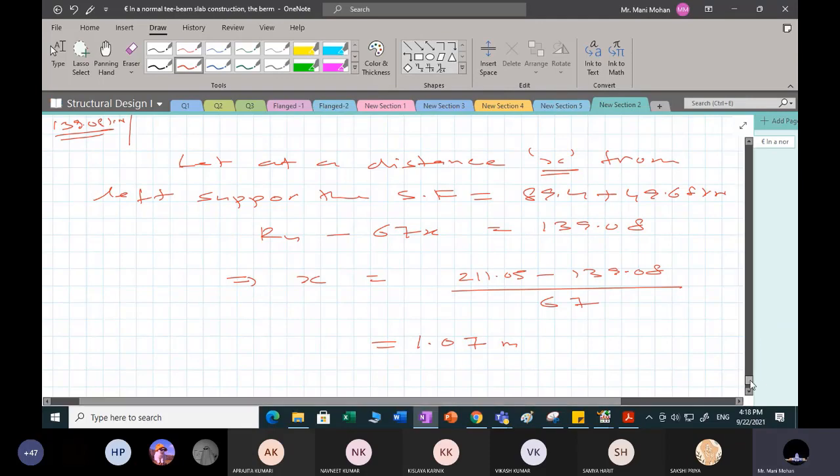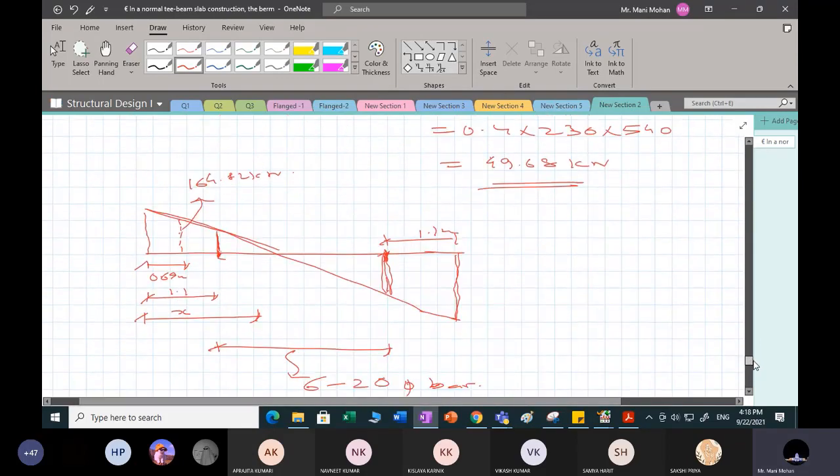Okay. Now how do you have to interpret this? Please see here. You have the 620 dia bar at this location from here till here, and from here till here you have 1.1 meter. It is not possible that this x is going to be less than this zone.